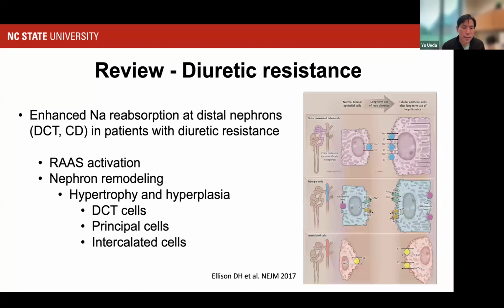And again, the enhanced sodium resorption of the distal nephrons, including distal convoluted tubules and collecting duct, is a huge part of it in patients with diuretic resistance.